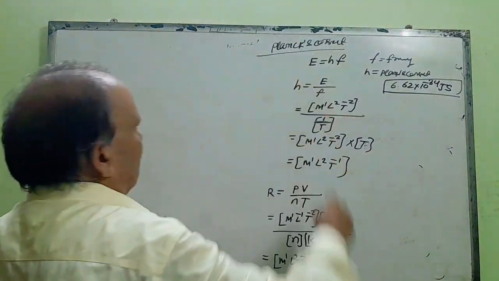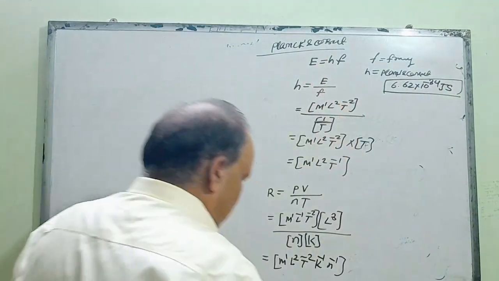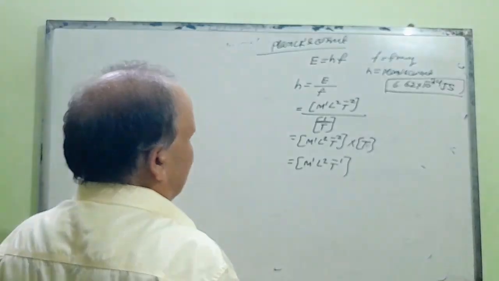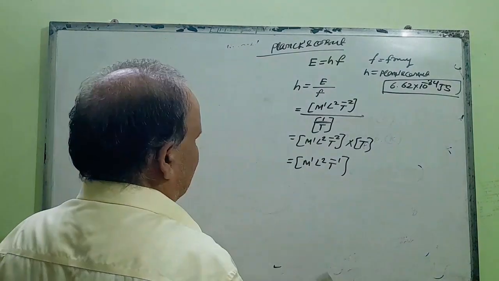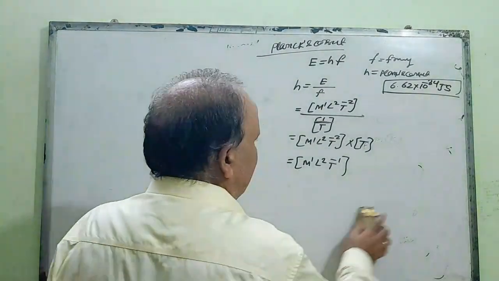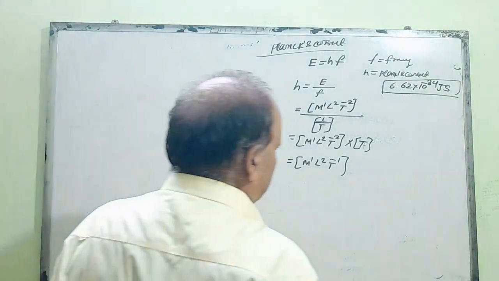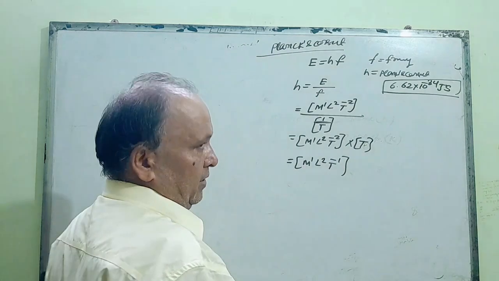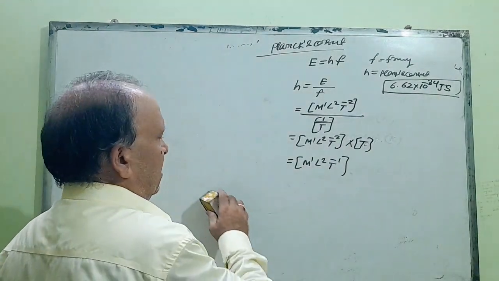This is the dimensional formula of Planck's constant. In a similar manner, Boltzmann constant has the same dimensional formula as the universal gas constant, and we can also determine the dimensional formula for other dimensional constants gradually.